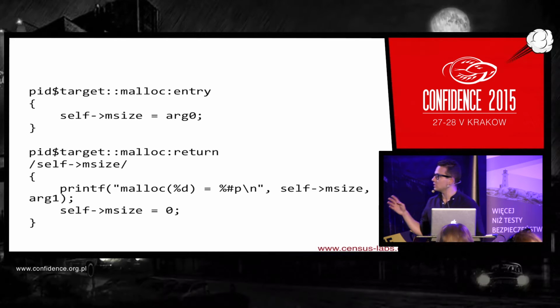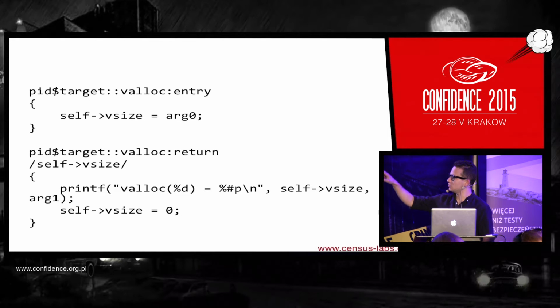I'm just putting some probes on each allocation function. For libc, these are malloc, valloc, calloc, realloc, and reallocf. I put all of them into the slides, but they are just for the sake of completeness.